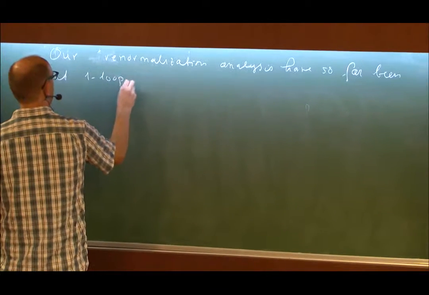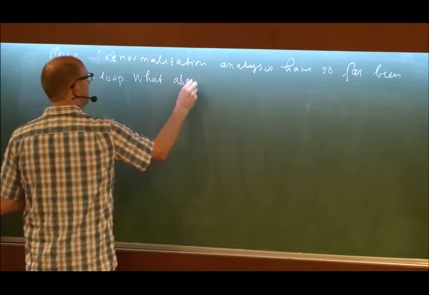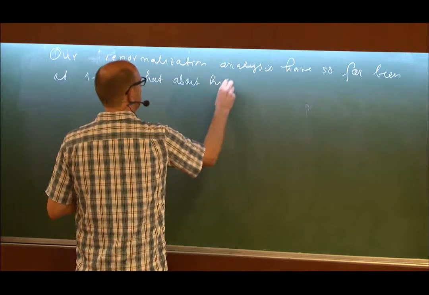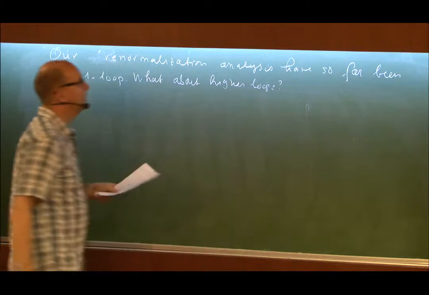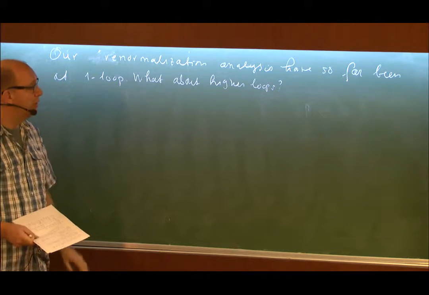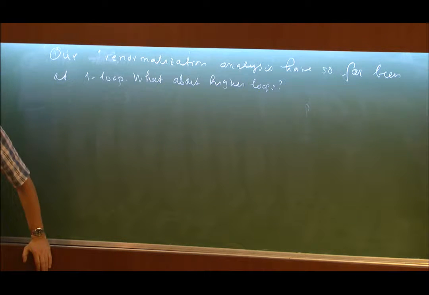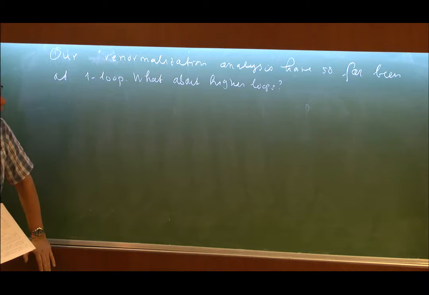What about higher loops? And here I will only say a little bit. The first thing you can say is that it's hard. If you really want to do a full story, proofs to all orders are hard. They have been done for QED. You can find them in books, for QCD in lecture notes, perhaps in some books too. This is not easy.